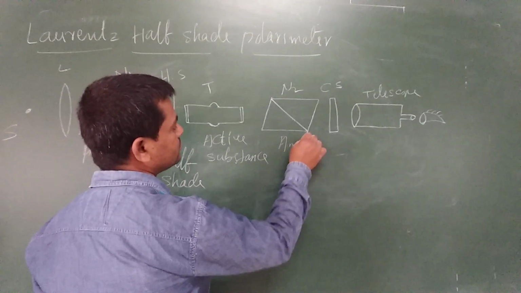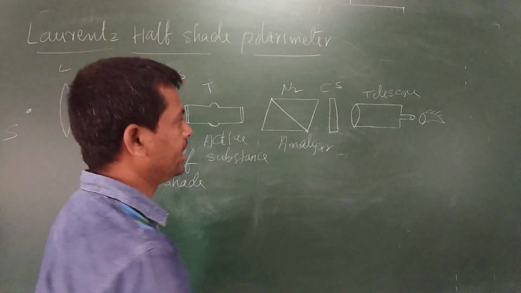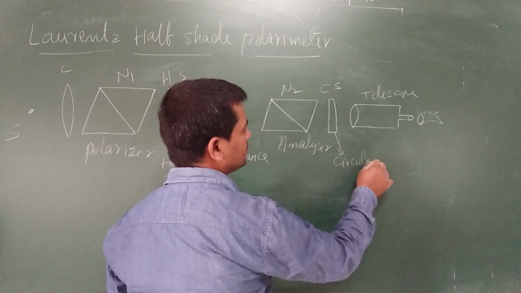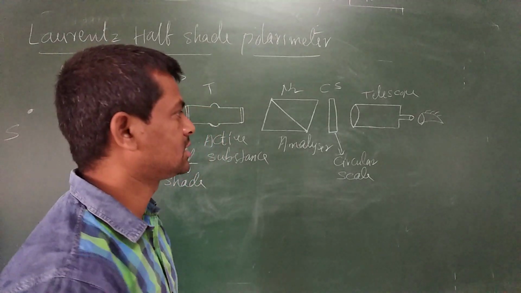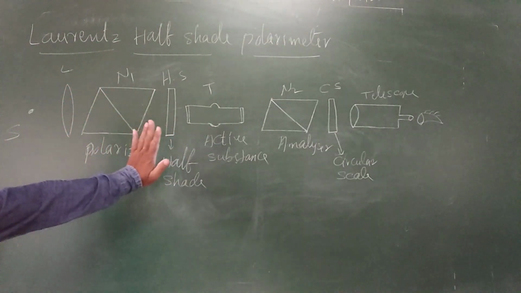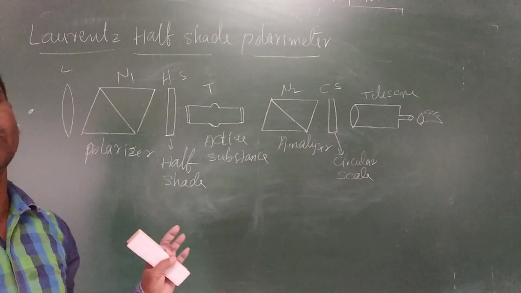Analyzer. It is a circular scale. It is a telescope. This is the diagram. And here the source must be a monochromatic source.